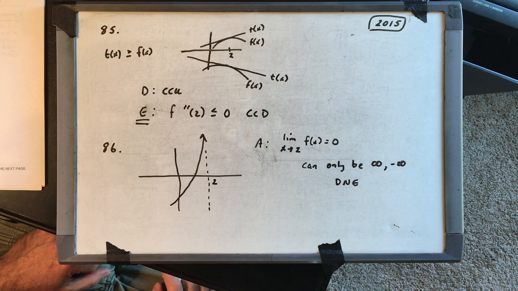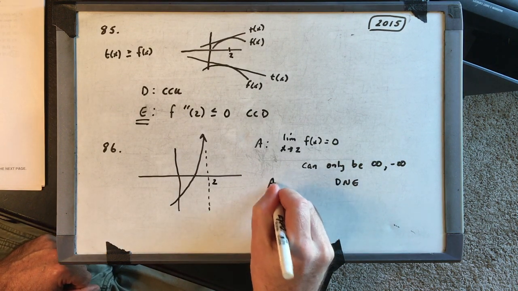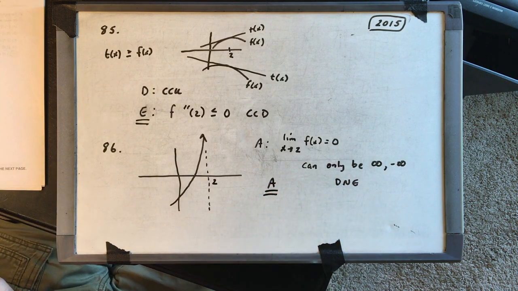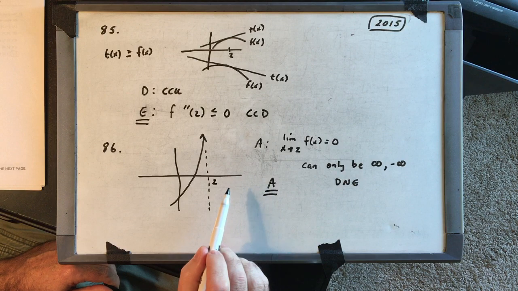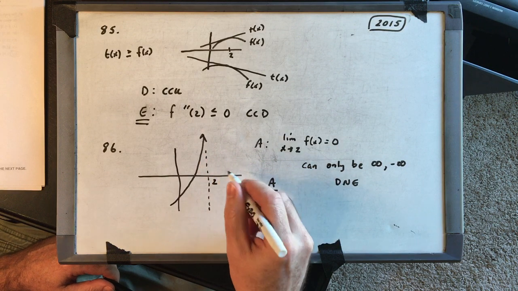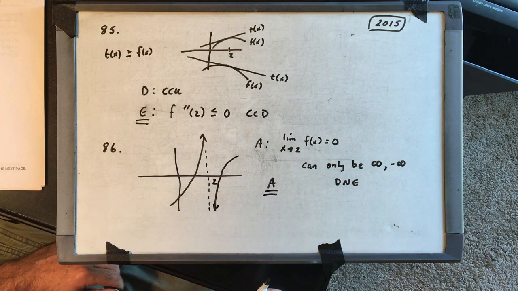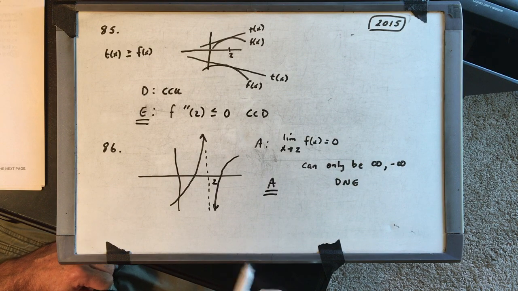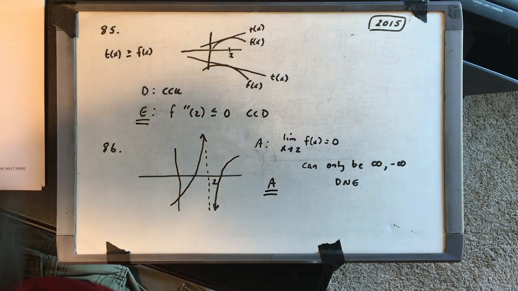So A is false. If you draw it out like that, that can't be 0. It could come down this way too, but there's no way to make that equal 0 if there's a vertical asymptote there. So the answer is A, and you can move on.